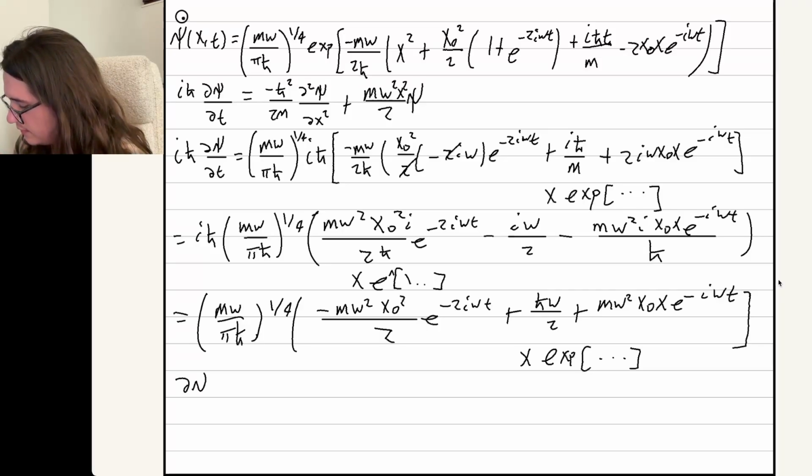Now let's do the right hand side of the equation, where we have to take a second derivative of the wave function. So let's get the first derivative. That's m omega over pi h bar to the 1/4.